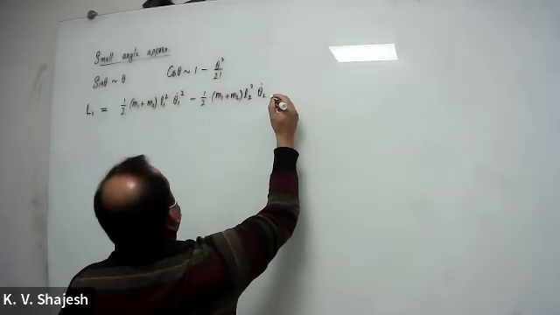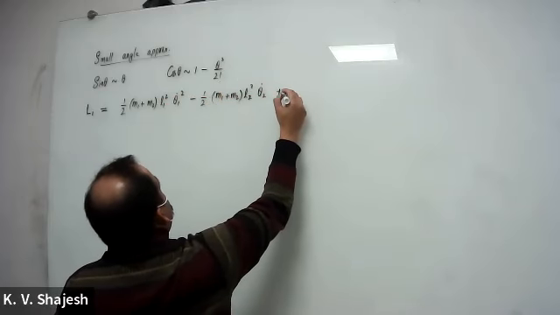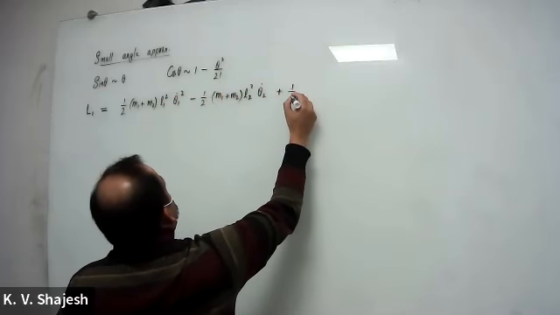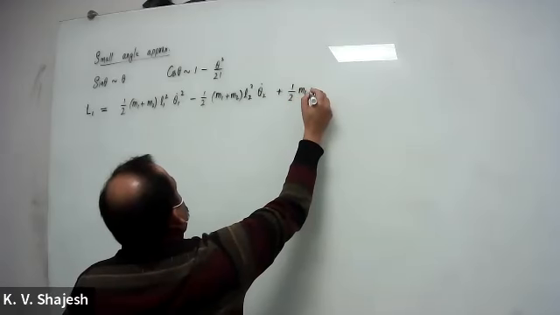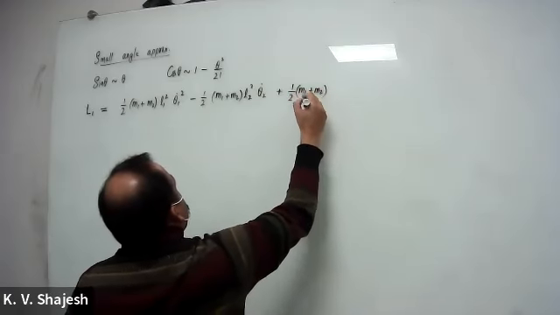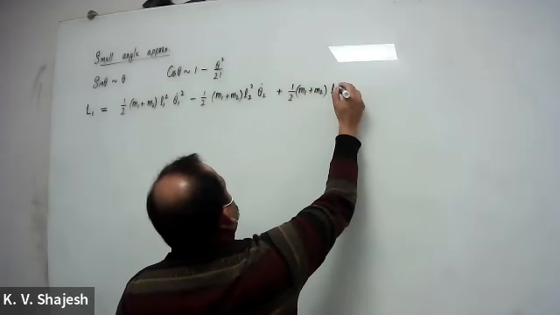And if you want, that is one more term, right? So it's half two M2 L2 square.